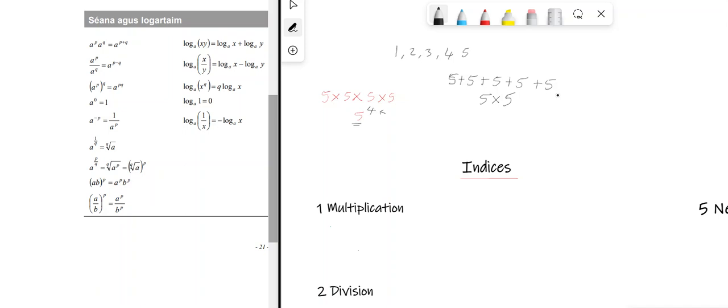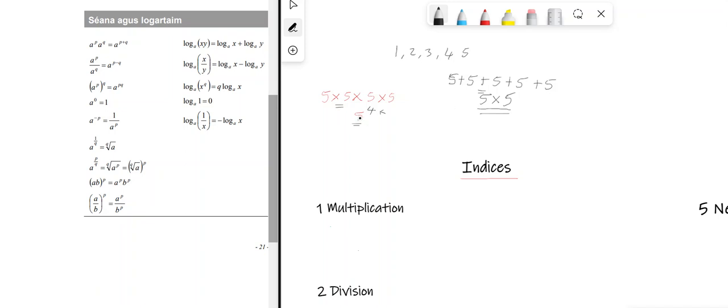So what you can say is that indices is to multiplication what multiplication is to addition. We use multiplication to shorten this addition, and we use this indice to shorten this multiplication. That's essentially what indices are.